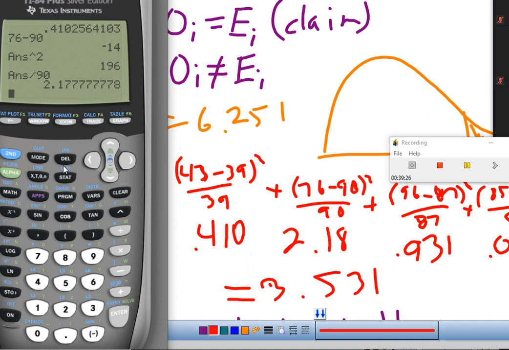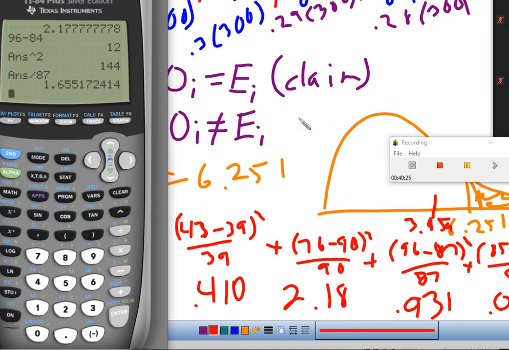And then the next one, 96 minus 84, squared, divided by 87. Oh, that's not right. Maybe I screwed something up.